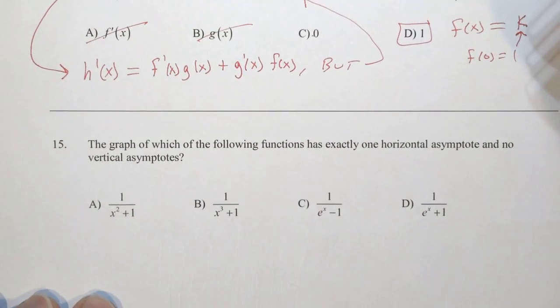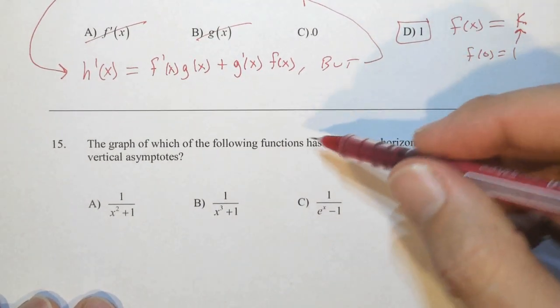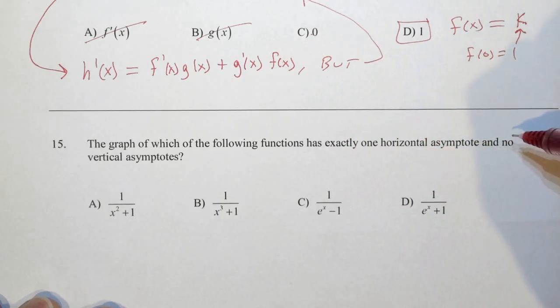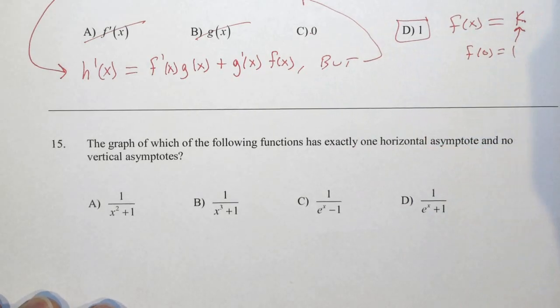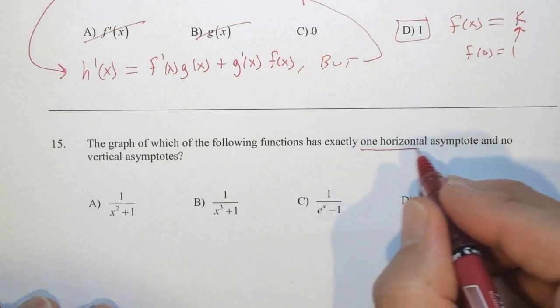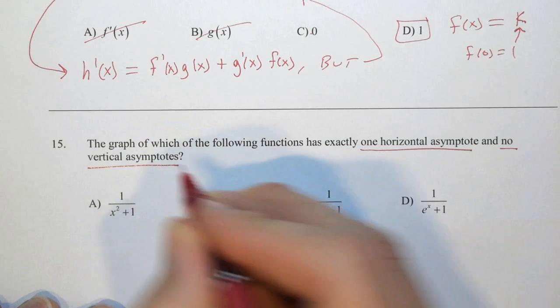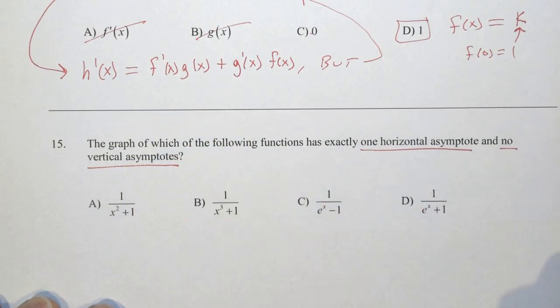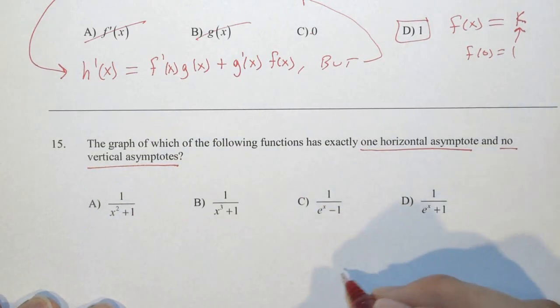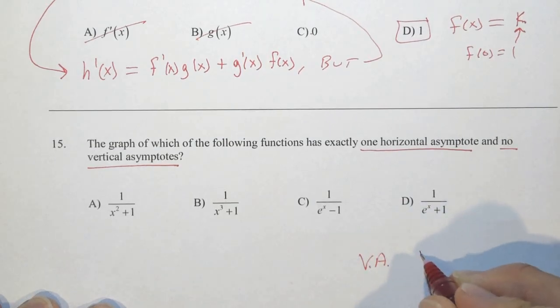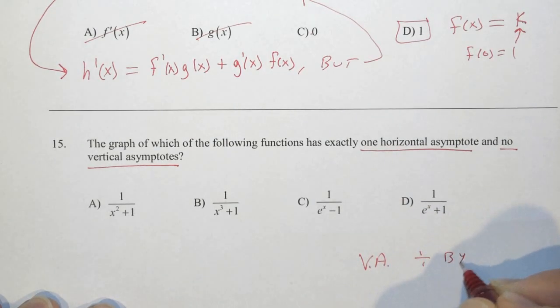Finally, problem number 15. The graph of which of the following functions has exactly one horizontal asymptote and no vertical asymptotes? Okay, so if we're looking for asymptotes, we want one horizontal and no vertical asymptotes. So a vertical asymptote, remember, that means that we're looking for division by 0.